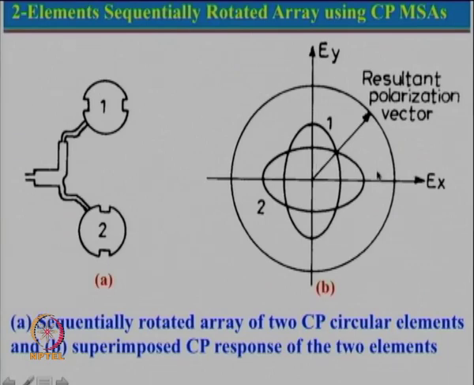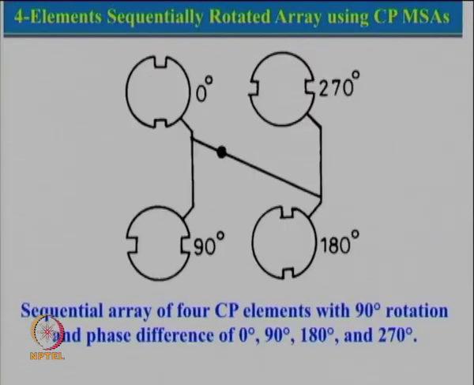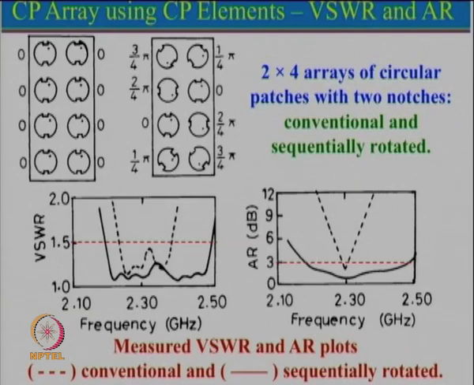We will have one response like this, another response like this, the third response like this, then there will be another response, and if you take a combination of all these, we will get a fairly good circularly polarized response. That is what is happening, and a good circular polarization response is indicated by a good axial ratio. You can see that this axial ratio bandwidth is fairly large, and over here one can also see the VSWR less than 1.5 bandwidth is really very, very large.